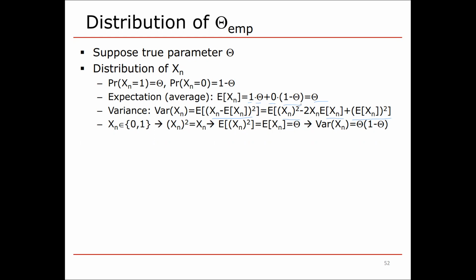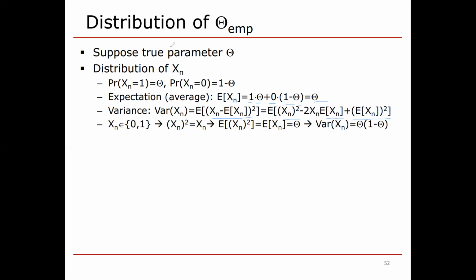In order to compute this, let's make an interesting observation. xn is binary, it's 0 or 1, and so the square of xn is equal to xn. This allows us to conclude that the expected value of the square of xn is equal to the expected value of xn, which is equal to theta.